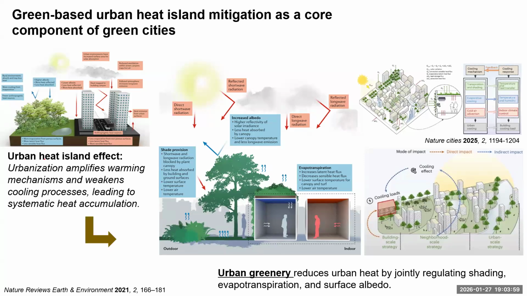The second reason is also due to urbanization. At the beginning, we mentioned that deforestation contributes to 10% of global greenhouse gas emissions. And also, urbanization amplifies the warming mechanisms and weakens the cooling process, leading to systematic heat accumulation.